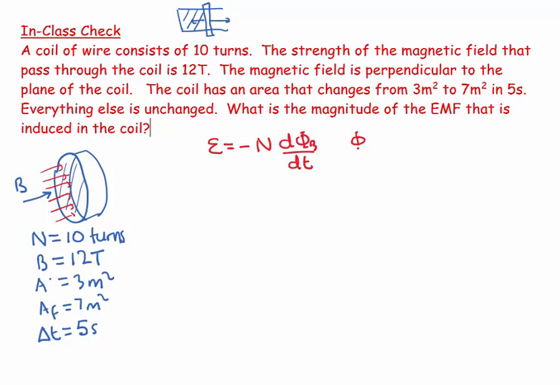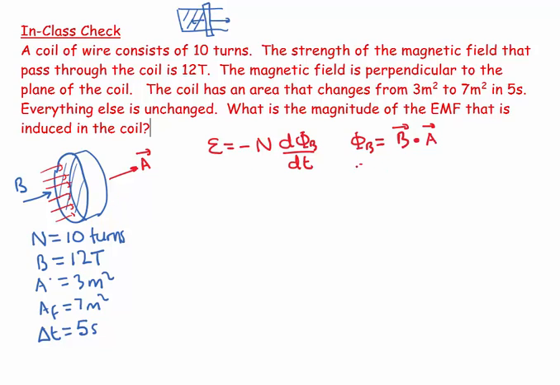And my phi b is equal to the magnetic field strength dotted with the area vector. And the area vector is a vector which has a magnitude equal to the cross-sectional area of the coil and a direction which is perpendicular. So if that's my setup, there's my area vector.